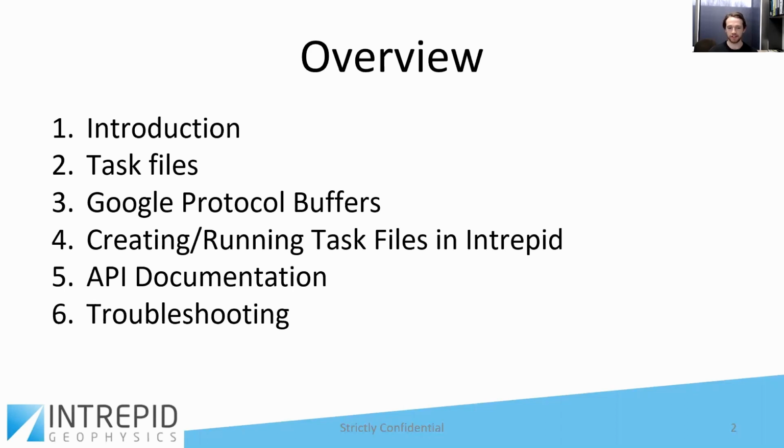I'll also demonstrate a few of the tools you will have to help you build the task files, what documentation is available to follow when building them, as well as tips for making sure they run if there are problems. So we'll just launch straight into it.